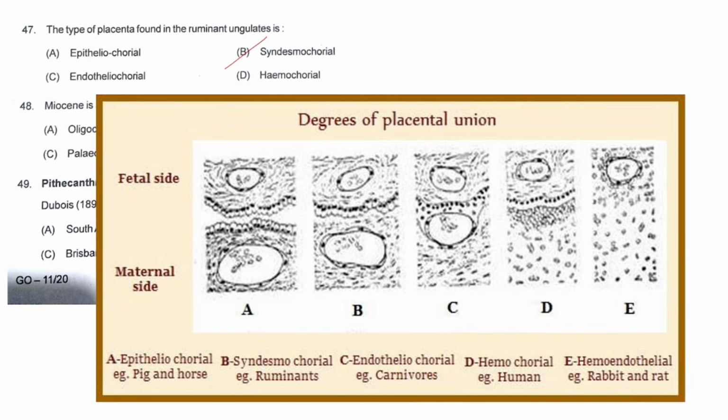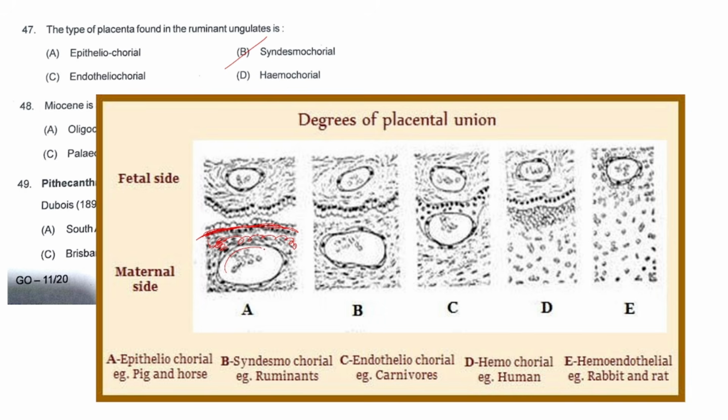Okay, as you can see in this diagram, this is the degree of placental union. There are 3 layers from the fetal side, as I said, and 3 layers from the mother's side. From the mother's side, I'm telling you one by one. Here you can see the mother layer. First is the uterine epithelium. Then after that, the uterine tissue, which is called the endometrium layer.